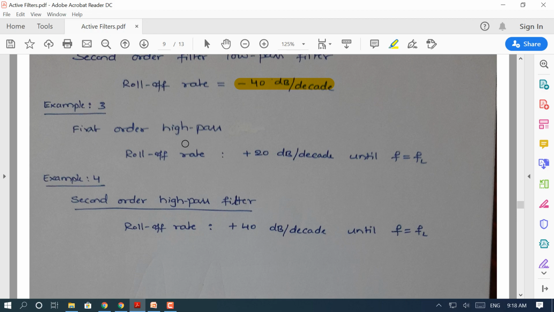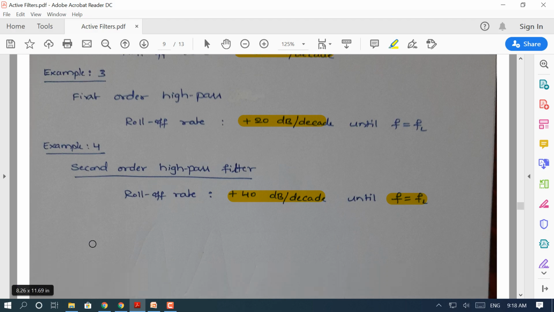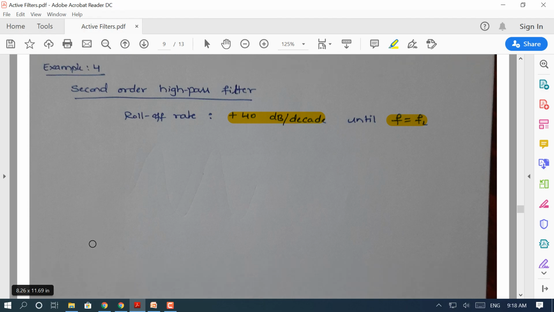For the first order high pass filter, the roll off rate is going to be plus 20 dB per decade for the frequencies in the stop band, for f less than FL. For the second order high pass filter, the roll off rate is going to be plus 40 dB per decade until f is equal to FL. So this is the order of the filter. The order of the filter also plays an important role in the design.